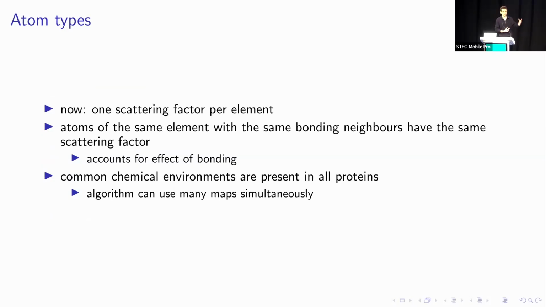And this is a way of accounting for the effects of the environment, of the chemical environment, the effects of bonding, basically. As a side effect, all proteins are polypeptides, so common chemical environments will be present in all proteins, which means that we can use many maps simultaneously in order to infer scattering factors, and in this way, hopefully, increase their accuracy.